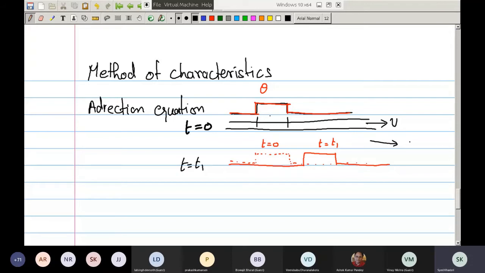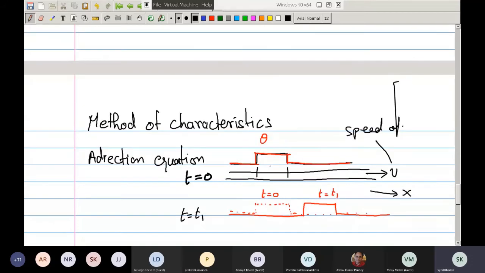The speed at which this particular pattern, or you can say the disturbance, is traveling is v. So v is the speed of water. This is also the speed of disturbance travel.